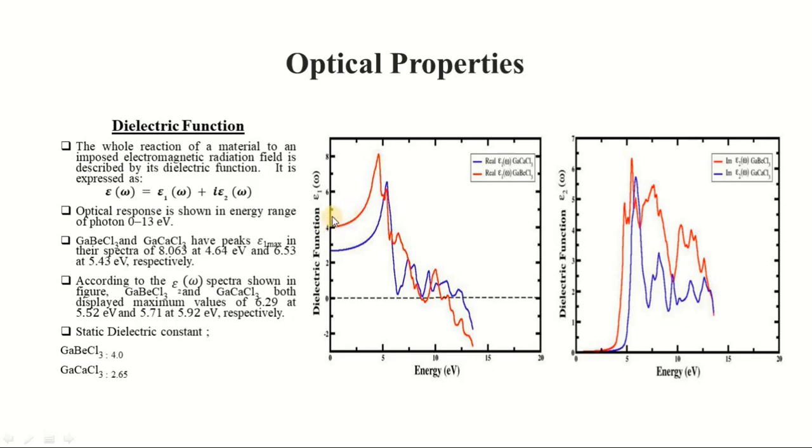So this compound has a greater static dielectric constant, which is 4. On the other hand, the GaCaCl3 band gap is 4.9, which is higher than GaBeCl3, so the static dielectric constant of GaCaCl3 is smaller than GaBeCl3. So we can say that both of these compounds satisfy the Penn model as well.